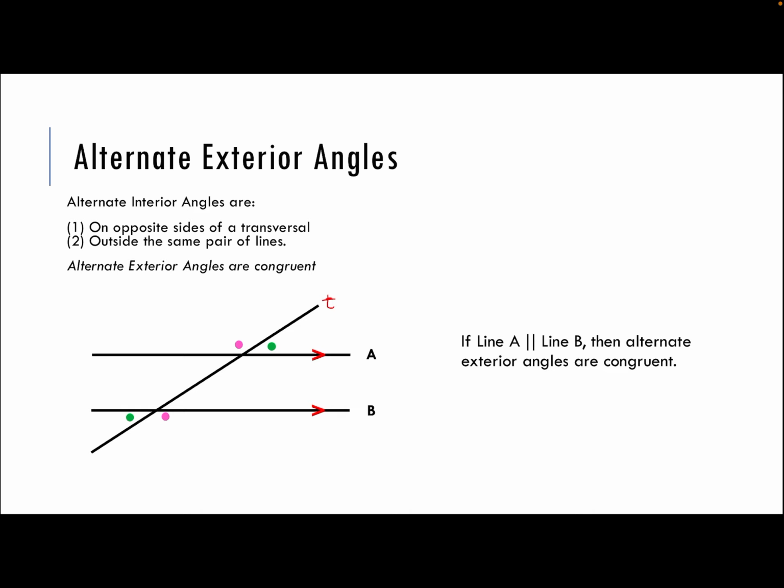And so opposite sides of the transversal, outside line A and B, and that same relationship exists for the green dots as well. Alternate exterior angles are also congruent, meaning that if the pink angle was 120 degrees, this other pink angle needs to be 120, and the green angle would be 60, and this other green angle would also be 60.